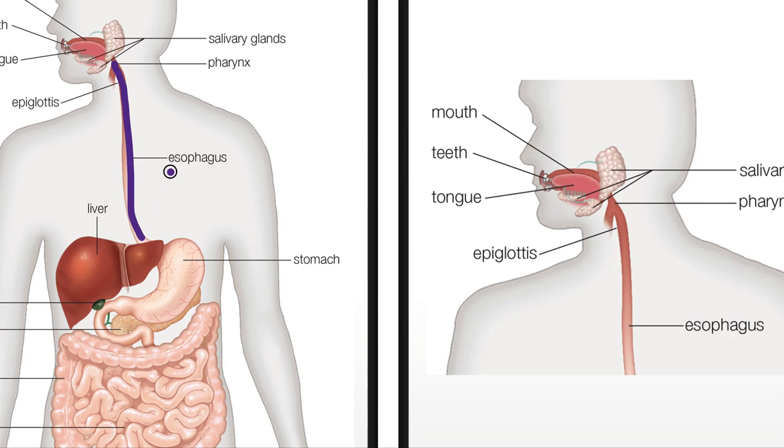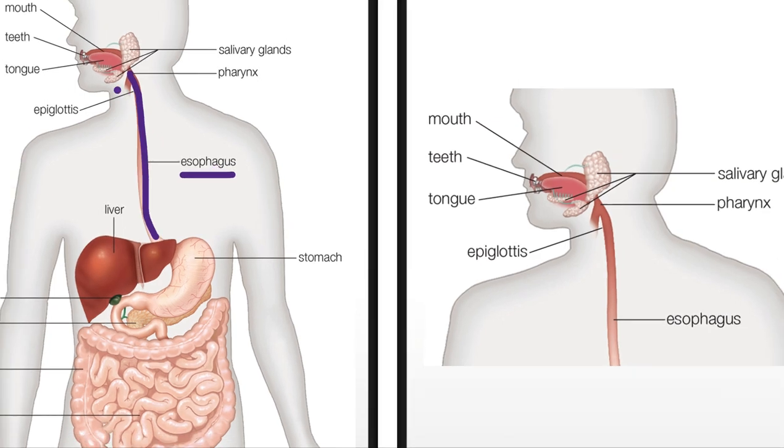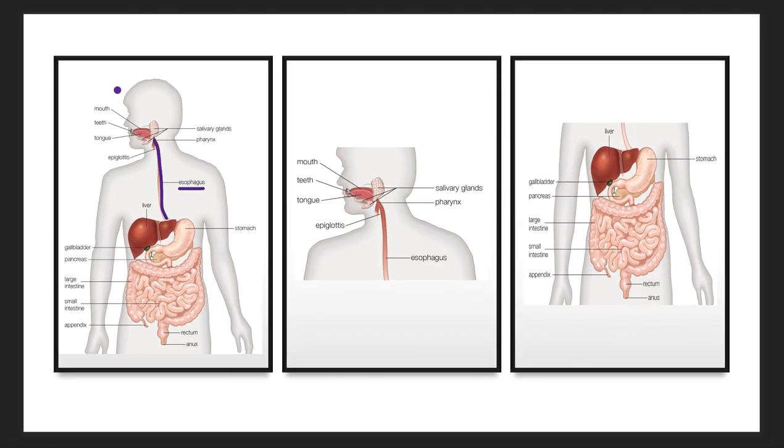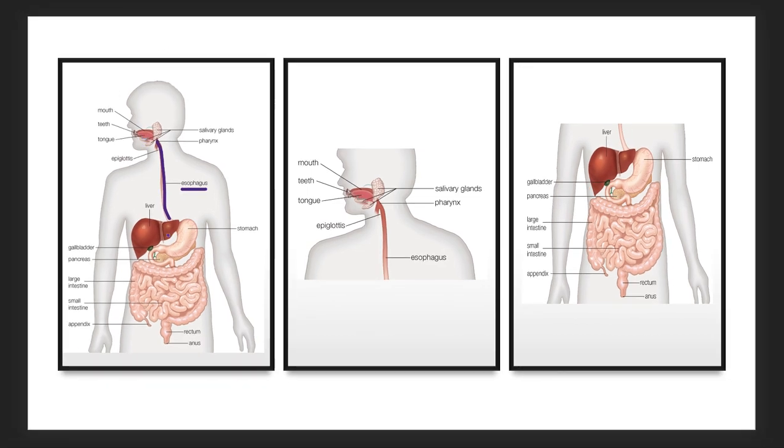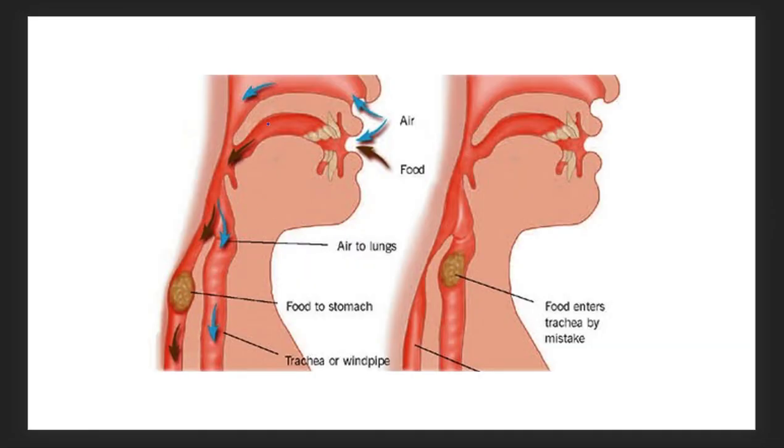It's called the esophagus. Please remember the spelling, it's a little tricky. So esophagus is known as the food pipe, and it connects the mouth to the stomach. This is the food pipe which connects the mouth to the stomach.